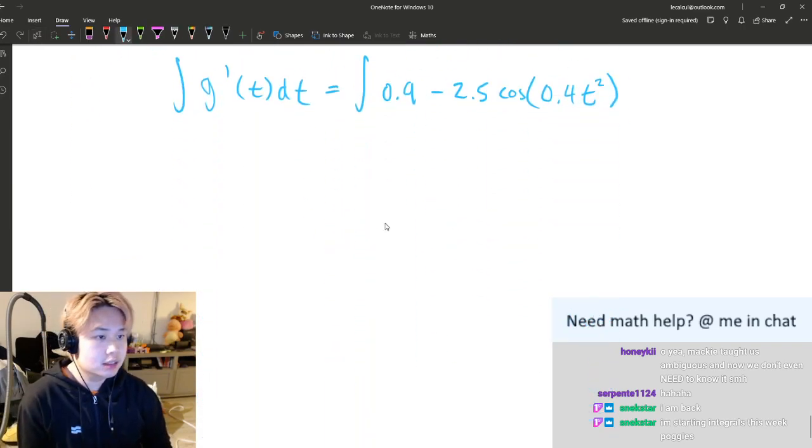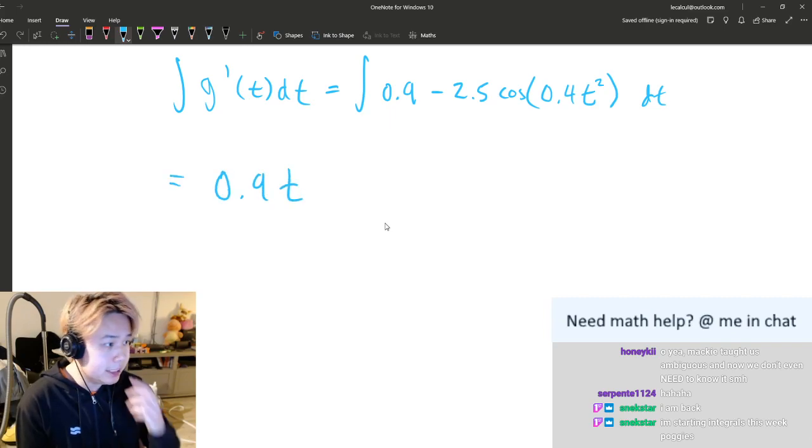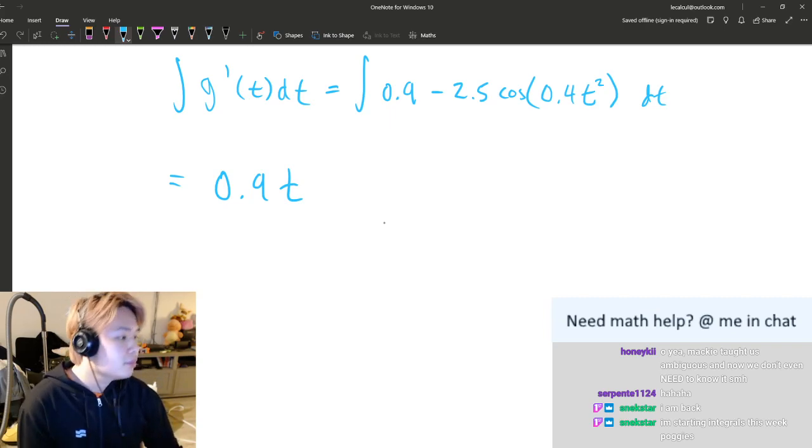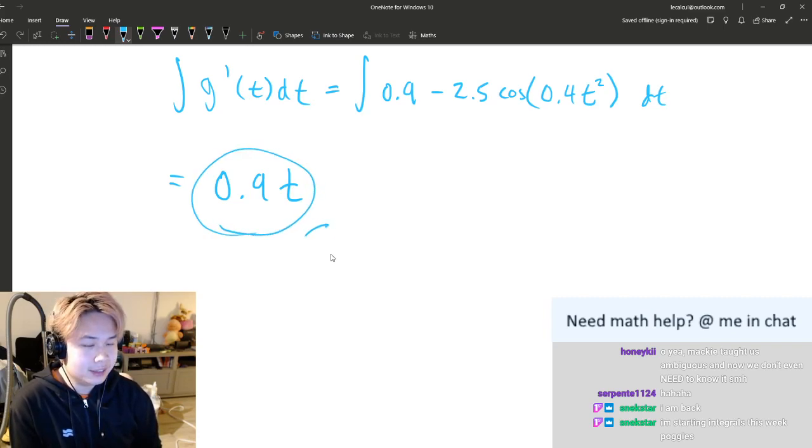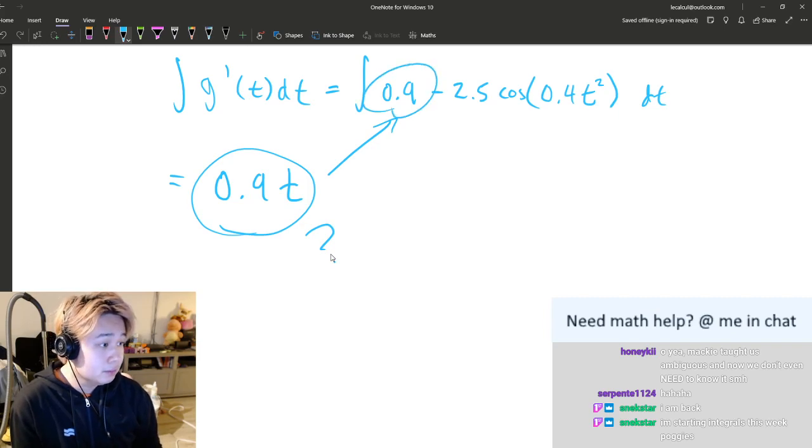Okay. So taking this integral, 0.9 becomes 0.9 times t. So this is kind of how you calculate integrals. The integral of 0.9 is 0.9t, because that's the antiderivative, the reverse derivative. I'm essentially finding something that if I take the derivative, I get this answer.